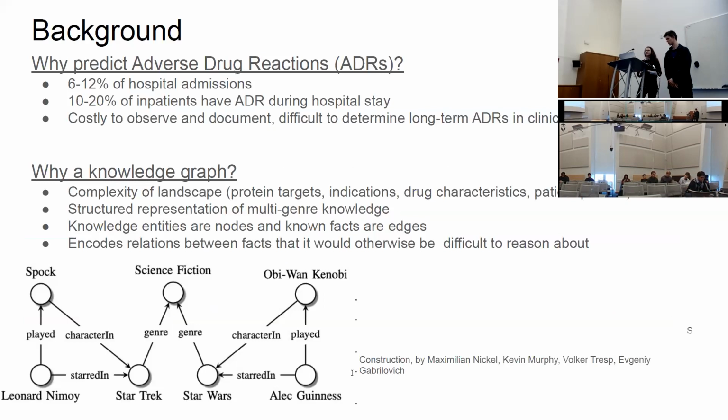All this has been researched before, but on top of that, we are adding information about proteins that a drug binds to, because that can offer meaningful insight into the toxicity of the drug, and also molecular structural information of the drug.